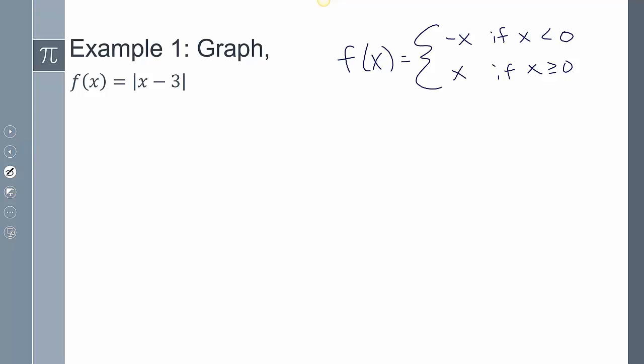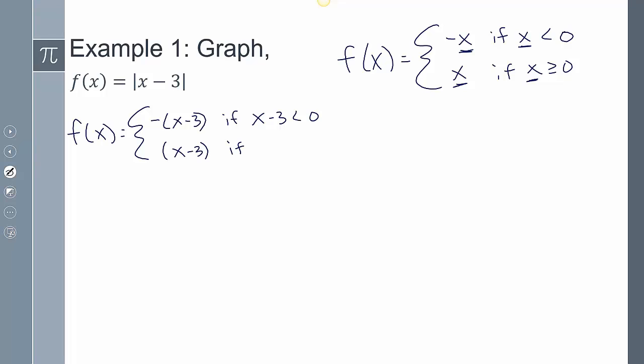And these pieces are referring to what's inside the absolute value. So translating this, it's going to be negative what's inside the absolute value if what's inside the absolute value is less than 0, and then what's inside the absolute value if what's inside the absolute value is greater than or equal to 0.